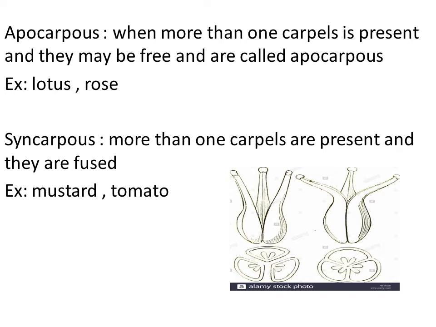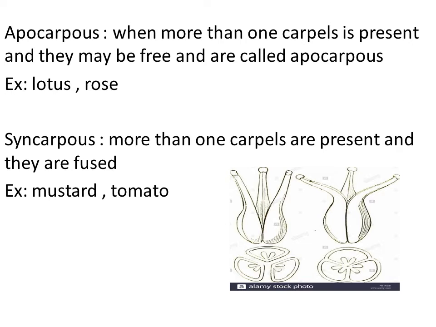After the fertilization, the ovary, which is a part of the female reproductive unit, gets converted into fruit, and the ovule will get converted into seed, right? So if we cut the tomato, we can see 2 chambers in it. Those 2 chambers represent the number of carpels. So there are 2 carpels present and they are fused in case of tomato, right?